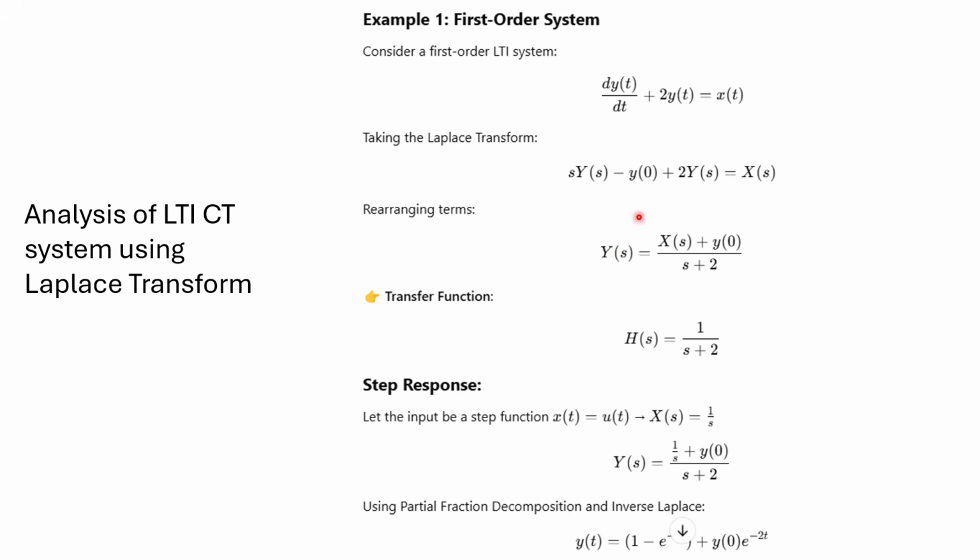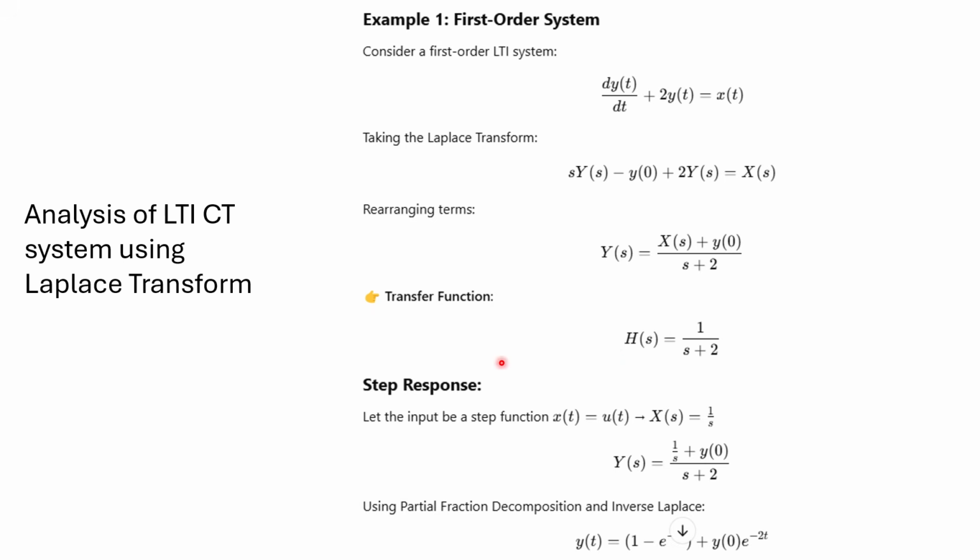From here you can get the value of Y(s), and Y(s) divided by X(s) is the transfer function. So here you can get 1 over s plus 2 if y(0) is equal to 0, right? So this is the transfer function.